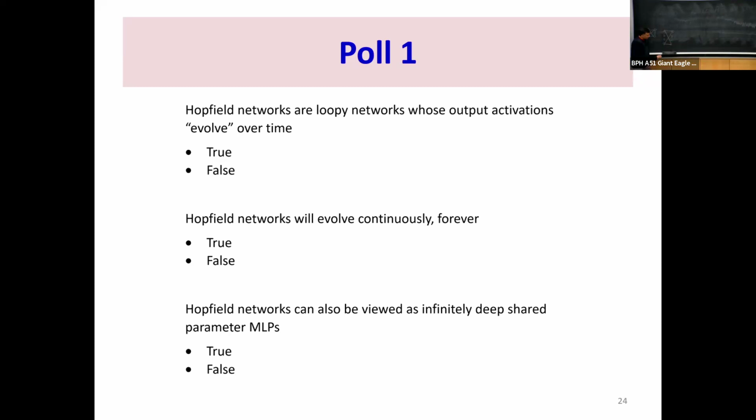This is one evolution of the Hopfield network. Then the second evolution of the Hopfield network is going to be something of this kind. The only difference is that the weight here is going to be the same as the weight over here. So I can unroll the evolution of the Hopfield network over time and make it one very, very deep MLP. And in the Hopfield network, it doesn't have to be infinitely deep; the depth is going to be whatever the maximum number of evolutions allowed by the current set of weights.